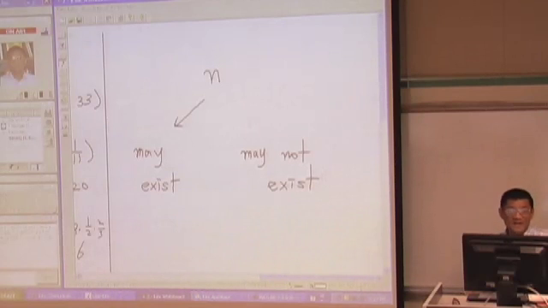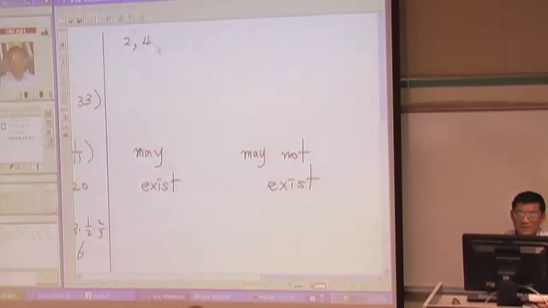I will say that primitive roots exist for these numbers. If n is 2 or 4, then it exists.